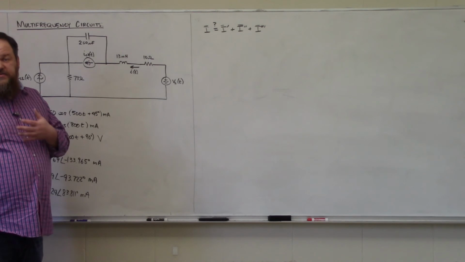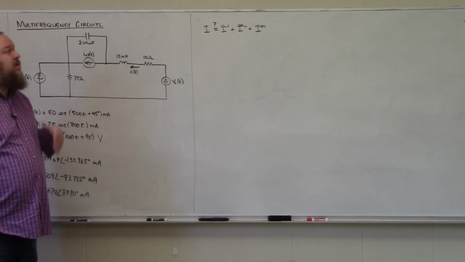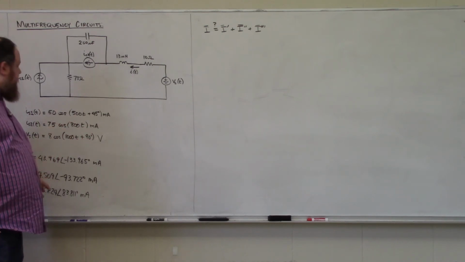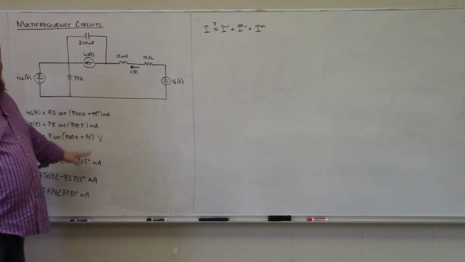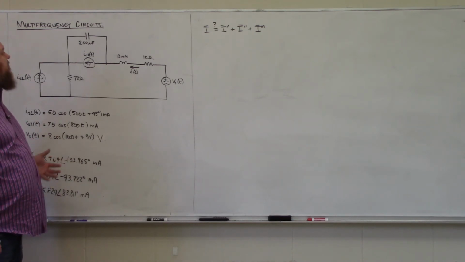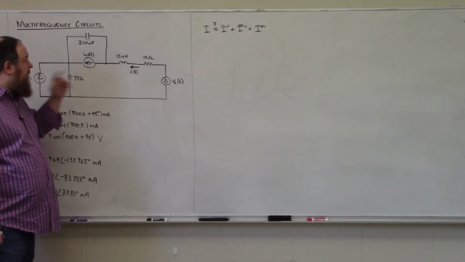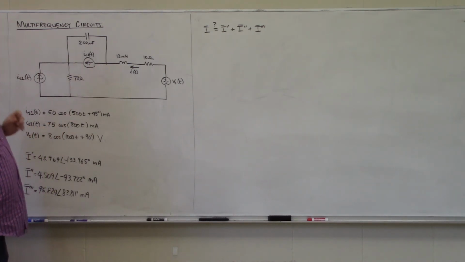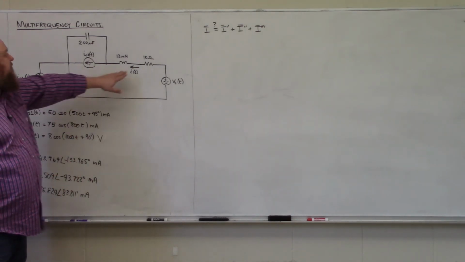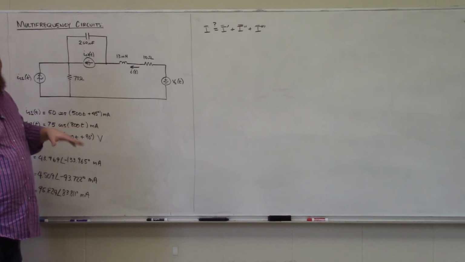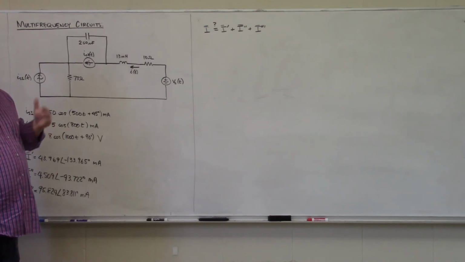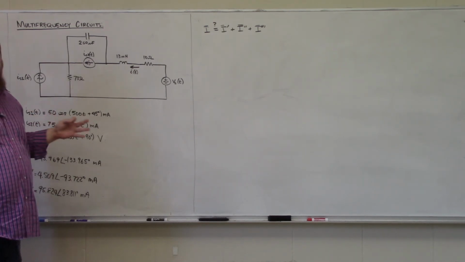And hopefully you're all screaming at the top of your lungs at your computer, no, you can't do that. The reason we can't do that is because all three of these phasors have suppressed frequencies. These are all representative of different frequency components of this time domain current I of t. So we actually need to convert all of these back into the time domain and then add them together to be able to reconstruct this time domain signal. We cannot simply add the phasors together because it's ignoring the fact that all of those phasors are technically operating at different frequencies.